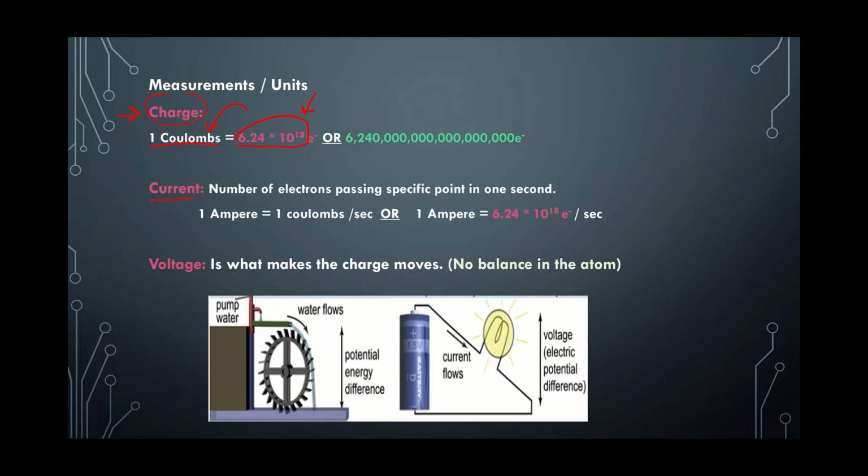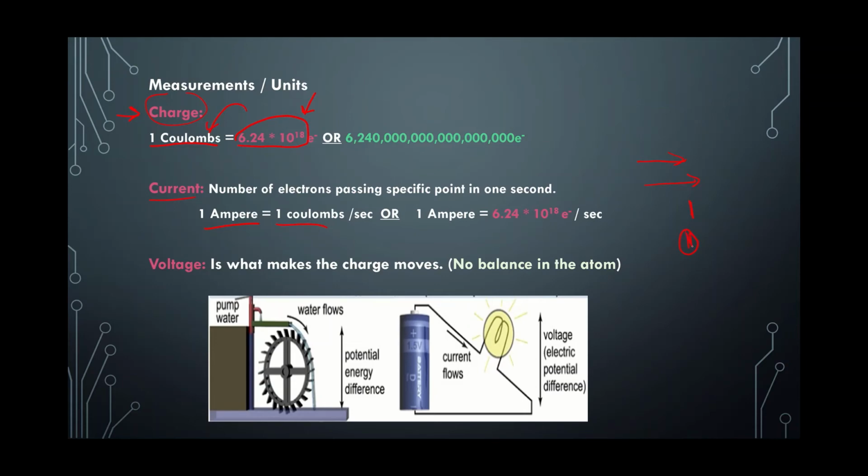The current is the number of electrons passing a specific point in 1 second. If you are standing here watching the number of electrons in 1 second, this is what defines the current. The unit is the ampere, so 1 ampere is equal to 1 coulomb per second.